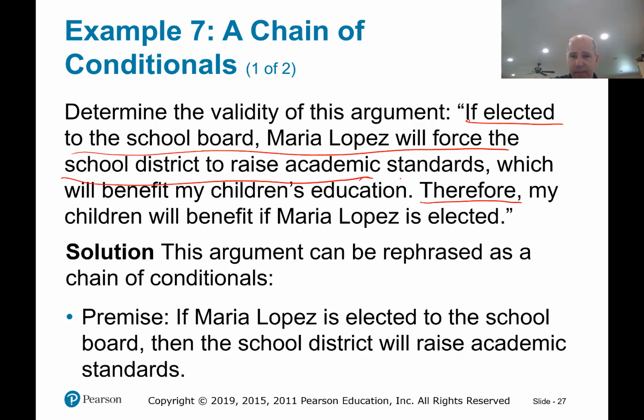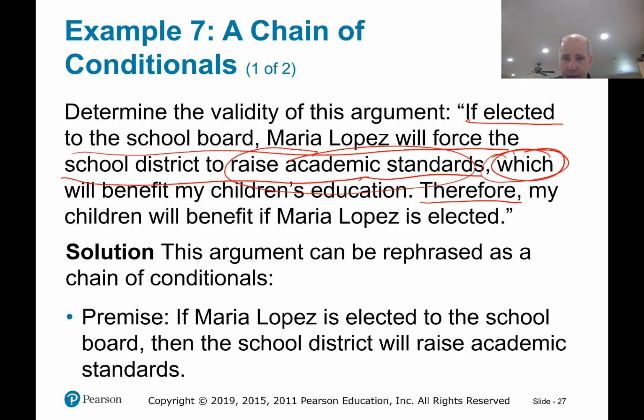Okay. Then the which part signals another premise, right? Which starts with the raising of academic standards. So the which, think about it, again, this is where grammar comes in and this is where you have to be careful.